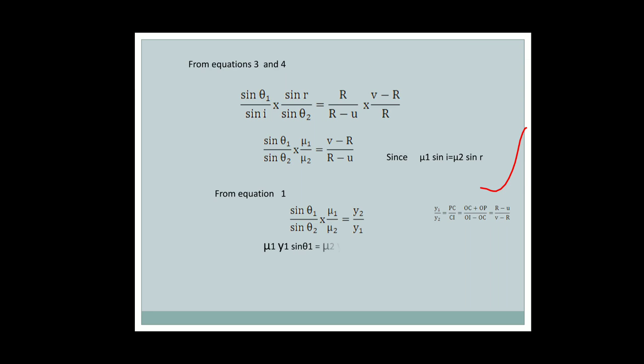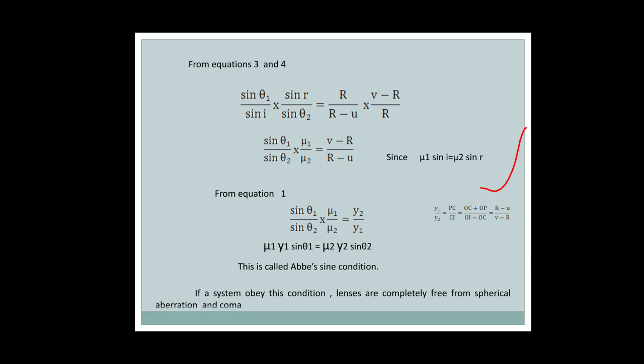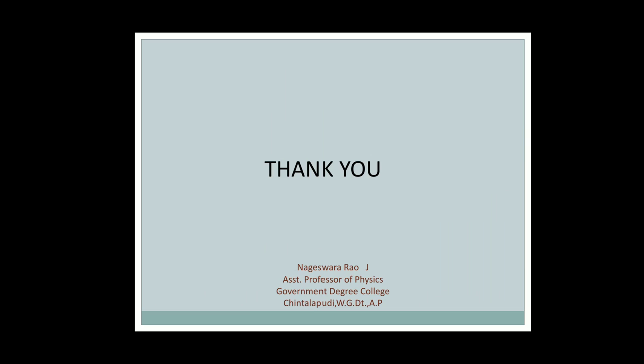On cross multiplication, mu1 y1 sin theta 1 is equal to mu2 y2 sin theta 2. This is called the Abbe sine condition. Any system which obeys this formula can minimize the spherical aberration as well as coma. So this is about the coma.